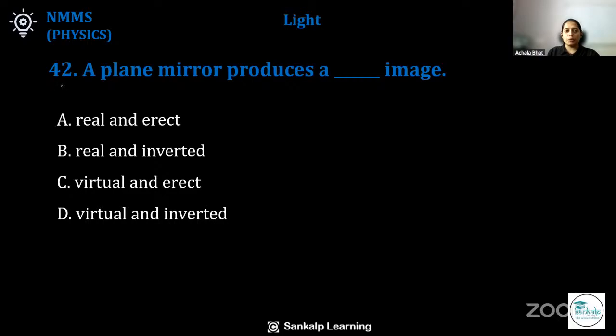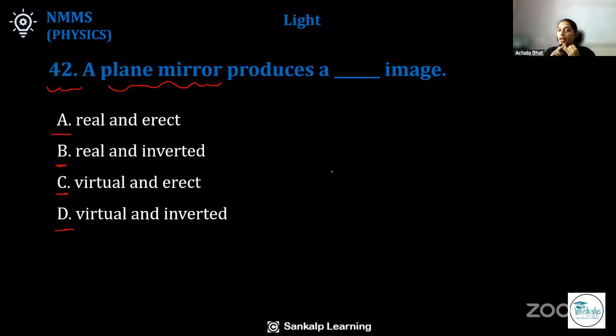Let us see question number 42 of NMMS Physics chapter Light. A plane mirror produces a dash image. A, real and erect, B, real and inverted, C, virtual and erect, D, virtual and inverted.